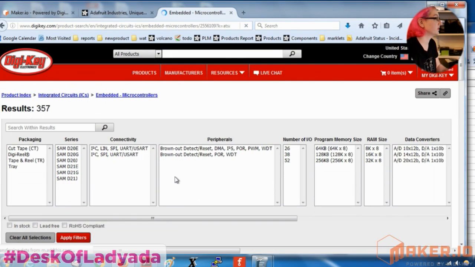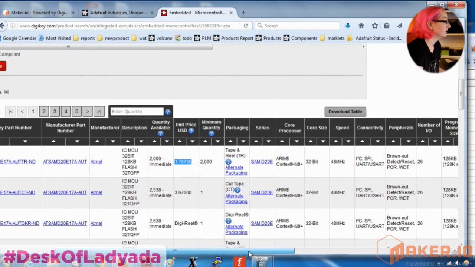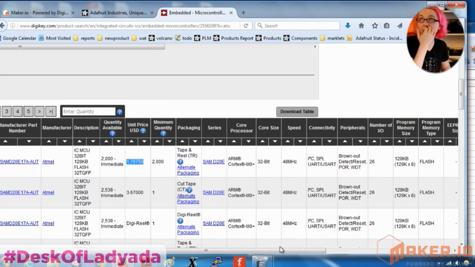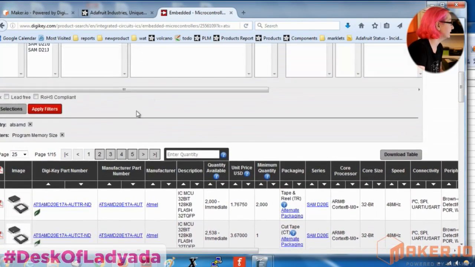This was actually kind of interesting. They're much less expensive than the Atmega 32U4.